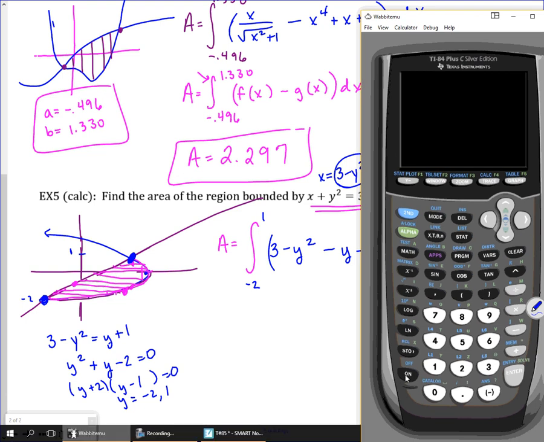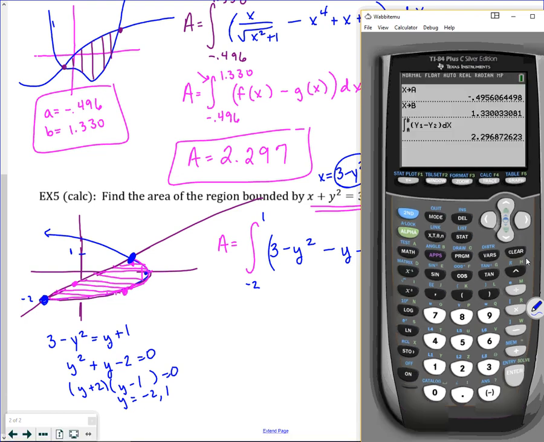But I'll use the calculator since it said negative 2 to 1. And I do want to make this point. Even though it says y's, I don't use the variable y in the calculator because I don't want to have to hit alpha y every time. So even though it says y's, I type in x's just because it's faster to type in, minus x minus 1.